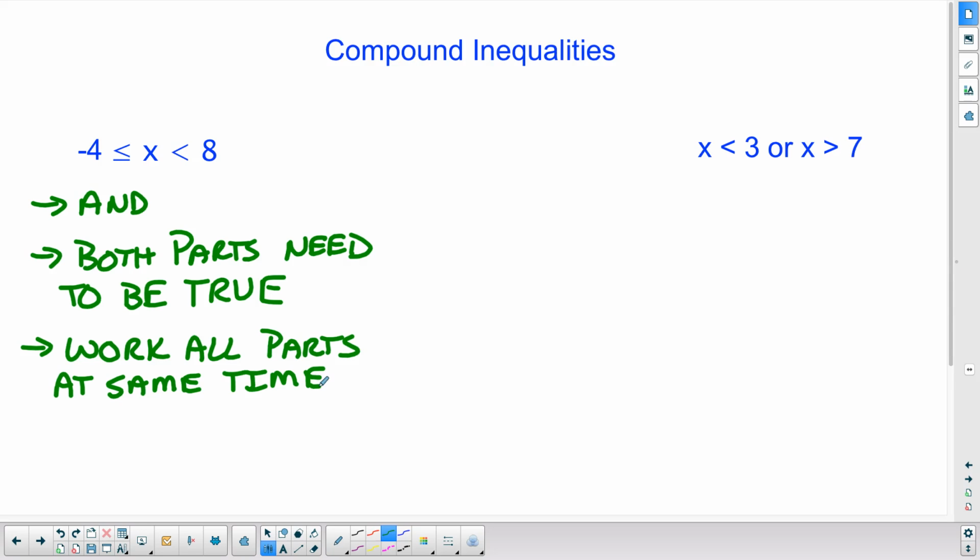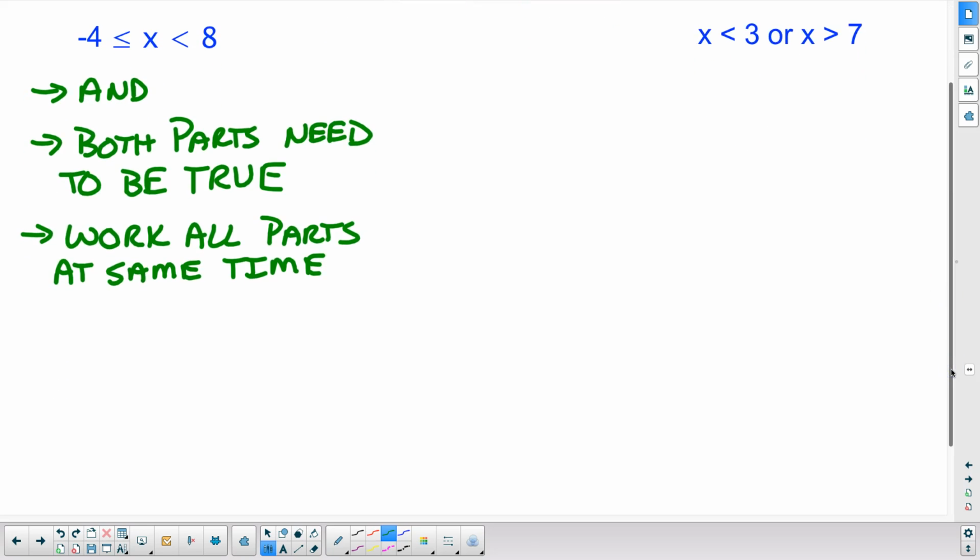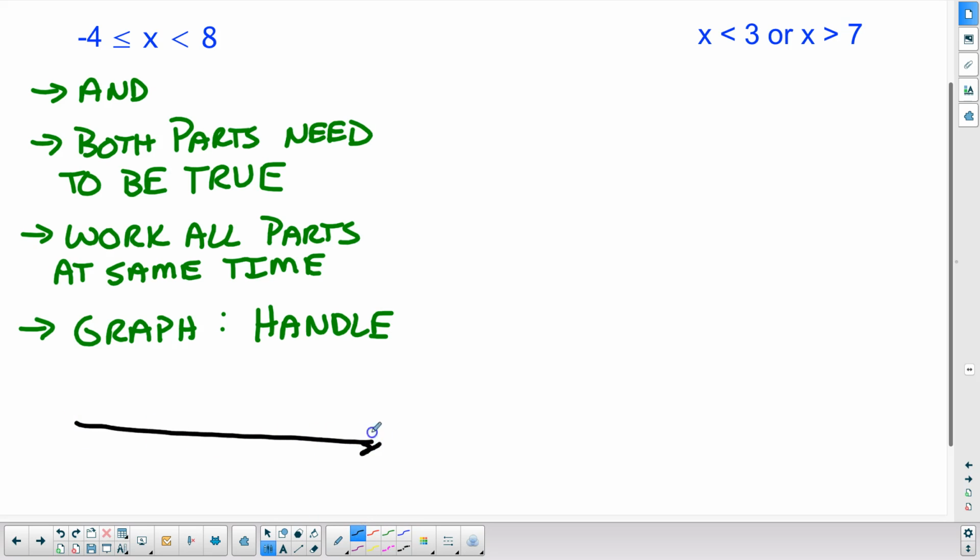Your graph for these is a handle. Meaning, okay, you're going to have two numbers. In this case, it's -4 and +8. Okay?